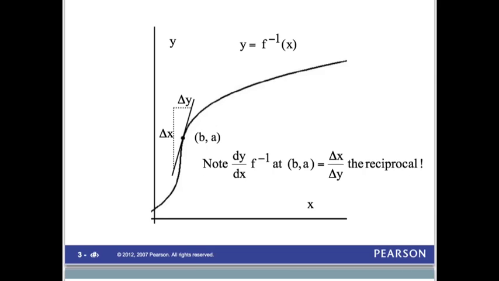And now we originally had the point A and B on the original function. We now want to look at the point B and A. That's the interchange values of x and y at the point A and B. Notice that the tangent line is still going to be drawn on the original curve like it was, but now in this new orientation, the slope of the tangent line will be delta y divided by delta x.